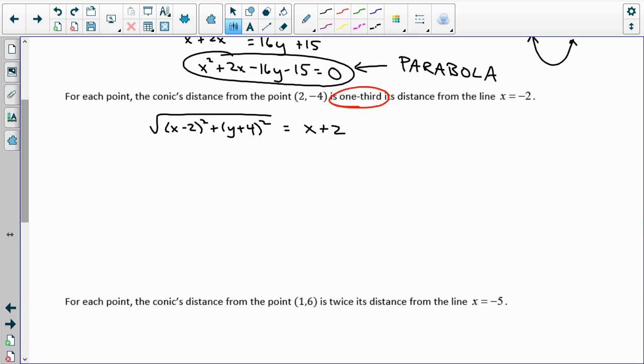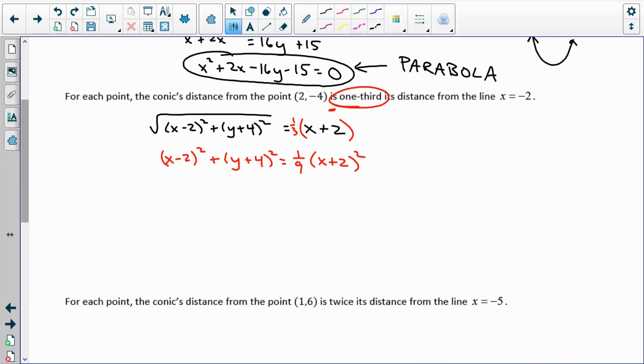So typically when we see these problems, is means equals, and then 1/3 times x minus 2. So now I'm going to square both sides. I get x minus 2 squared plus y plus 4 squared equals. Now what happens if I square 1/3? I get 1/9. So I get 1/9 times x plus 2 squared.